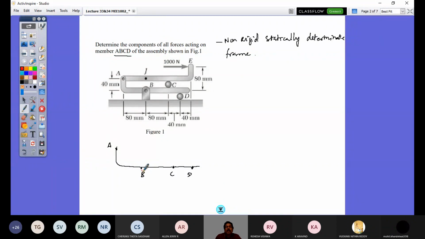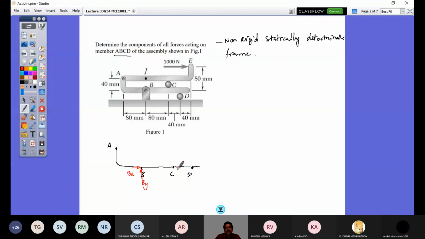And at point C there is a roller contact. So I would have here again a reaction, right? I do not know here the direction, whether it's upward or downward. So I have this vertical force. Let me consider that it acts downward in this case.